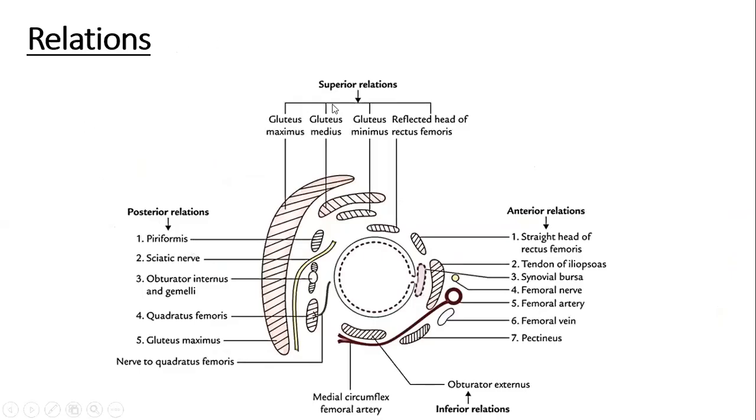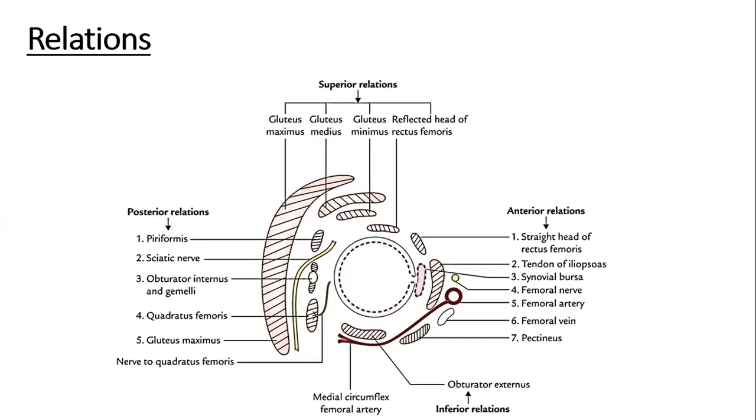Moving on to the relations of the hip joint. These relations of the hip joint are very important from an examination point of view because they are commonly given in the MCQs, and they are one of the sources of confusion for medical students regarding the relations of the hip joint.